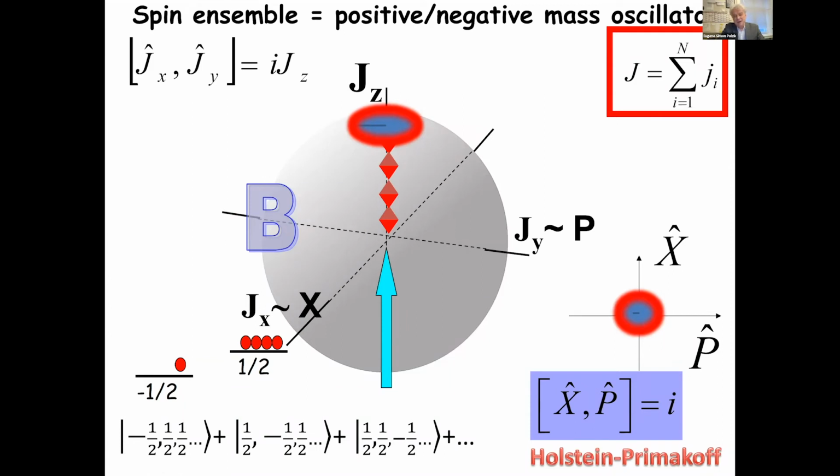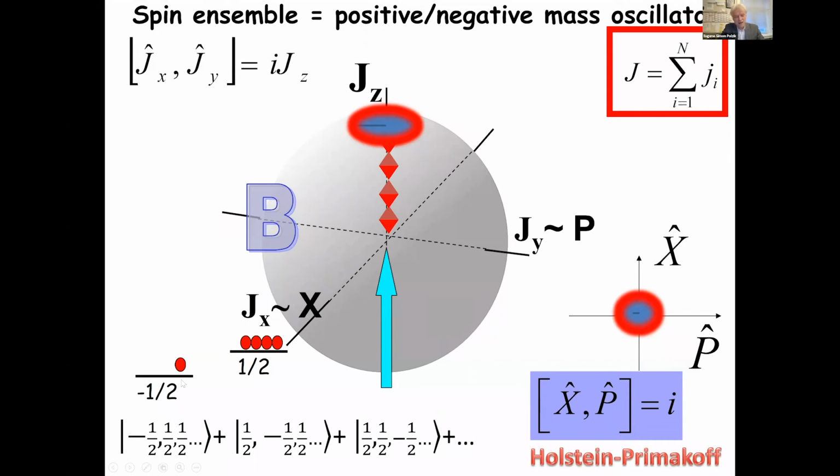Obviously, if it were a classical system, then oscillating around the z-axis would mean nothing. But in the quantum world, what is oscillating is actually the quantum projections of this microscopic spin on the orthogonal axis. So the donut that I'm showing you here illustrates the state where I scattered one atom in such a way that it's flipped.